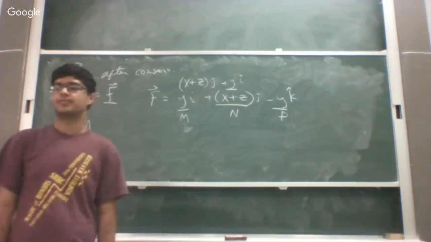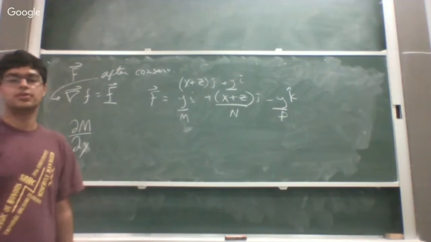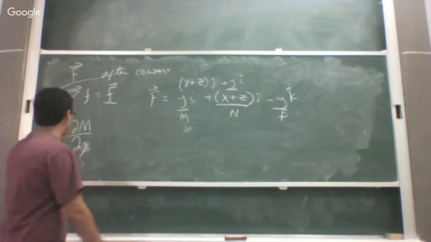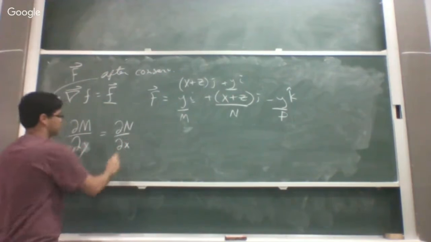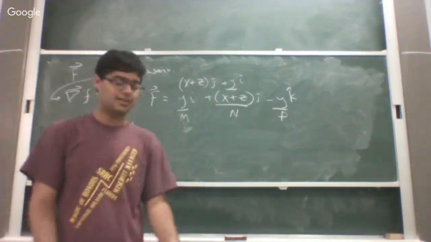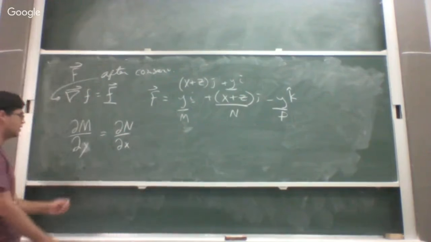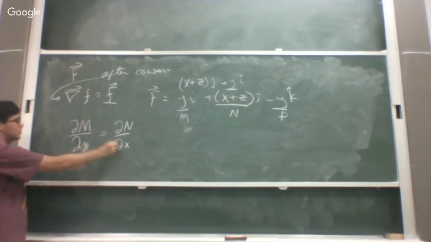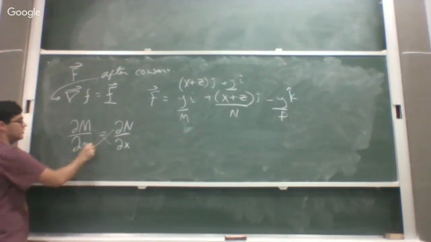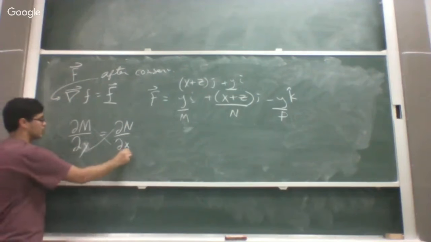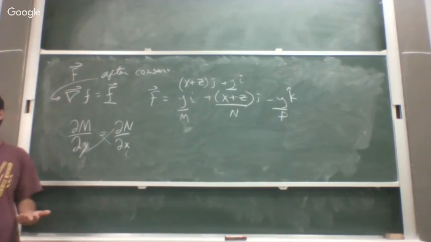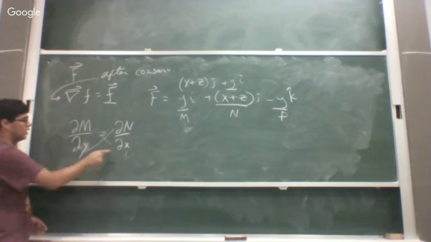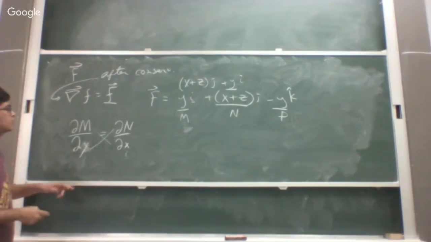So M with respect to y has to be equal to N with respect to x. There isn't really a way, but I sort of know it because M is across from x and N is across from y, and x is like i, y is like j. In our minds, sometimes we think of them like that. So M should be across from x, N should be across from y.